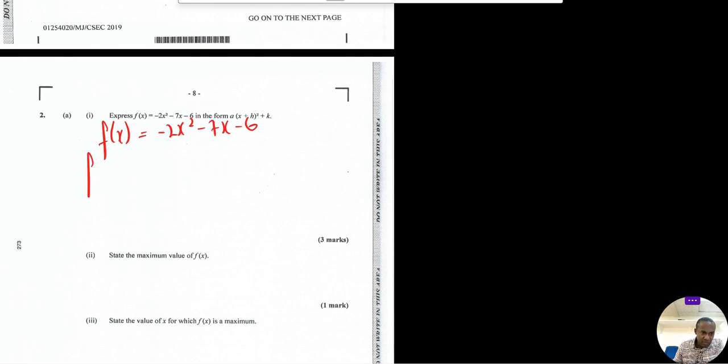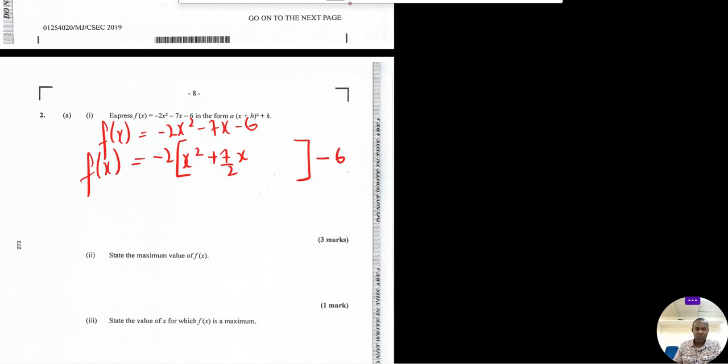So we're going to say that f of x equals, we factor out minus 2, and I'll factor out minus 2 from the first two terms. And so this will give me x squared plus 7 over 2 times x. I will leave some space inside and I'll put minus 6 outside there, right?